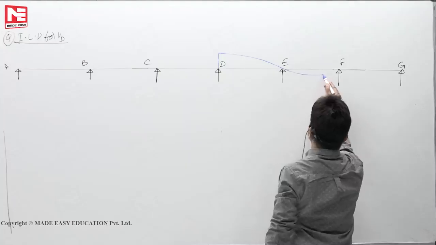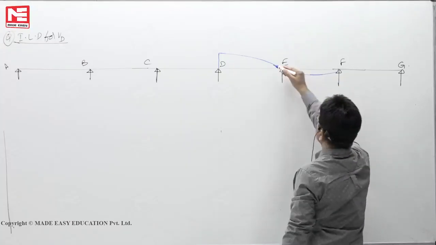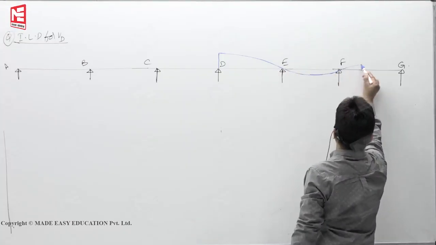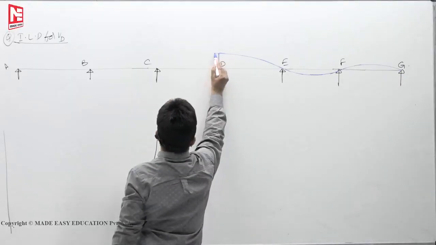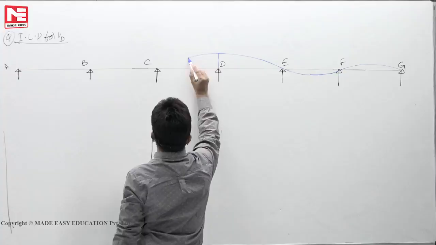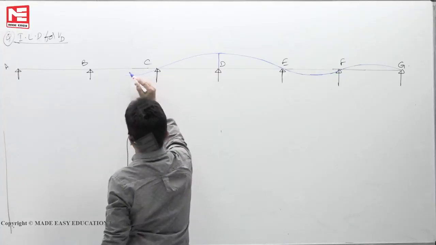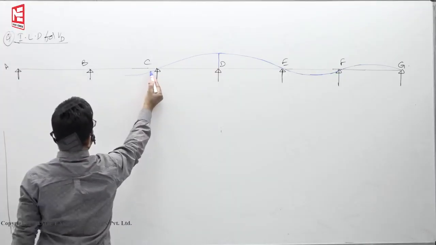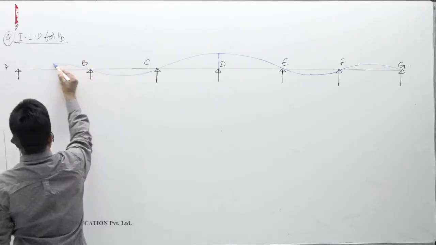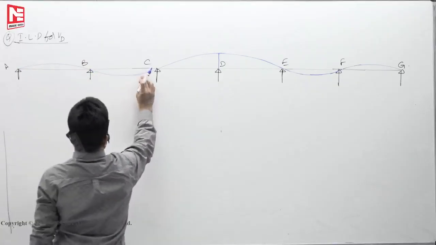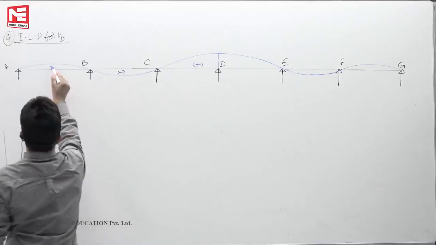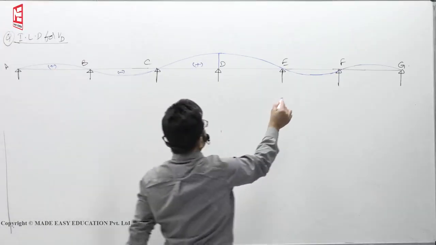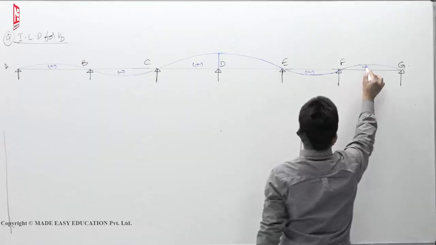This is the deflected shape of the beam. If it goes down means it should go up like this. Here also in the same way. Down. It will go down now. Up. Now you see this is minus, plus, this is plus, this is minus, plus.